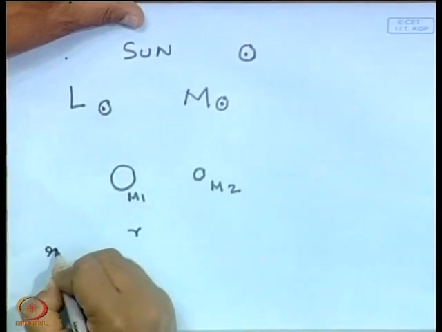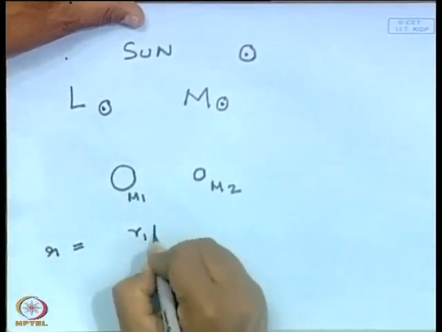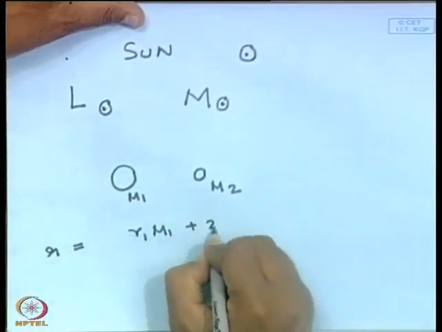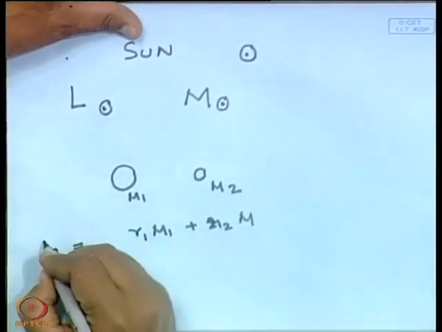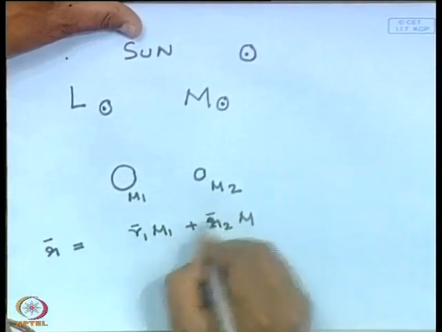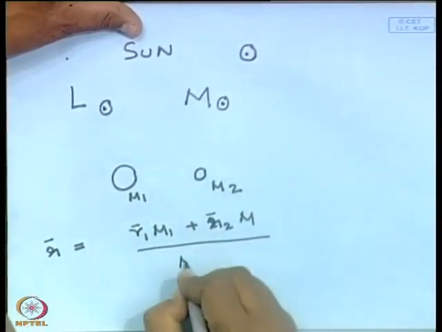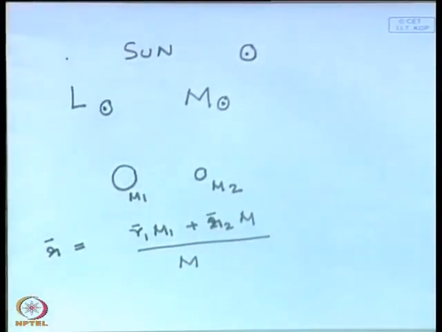The center of mass is r1 m1 plus r2 m2, these are vectors, divided by the total mass m. So it is quite obvious that the center of mass of the solar system is quite within the sun. Okay. So you can think of it as basically being the sun. Okay.